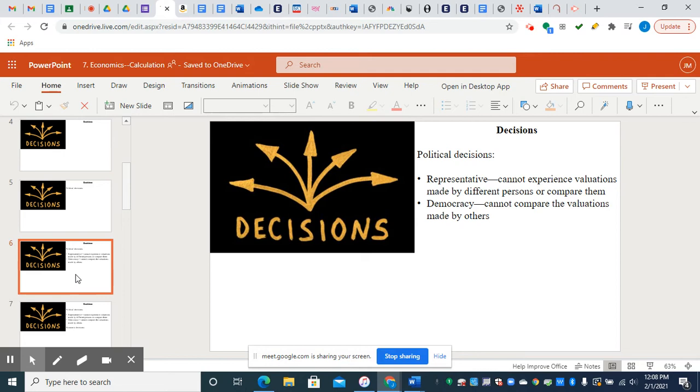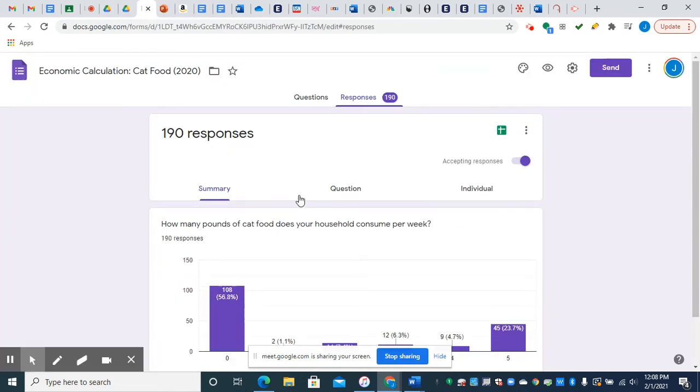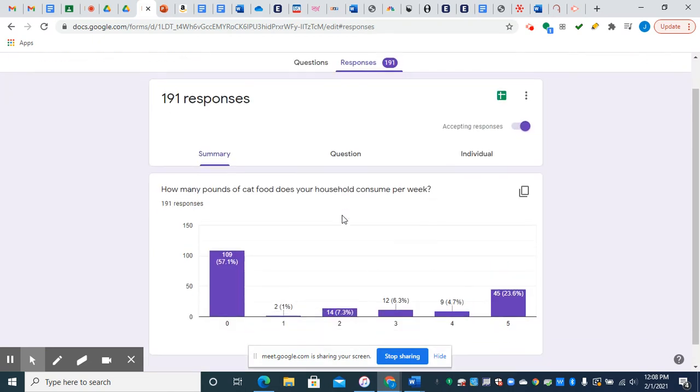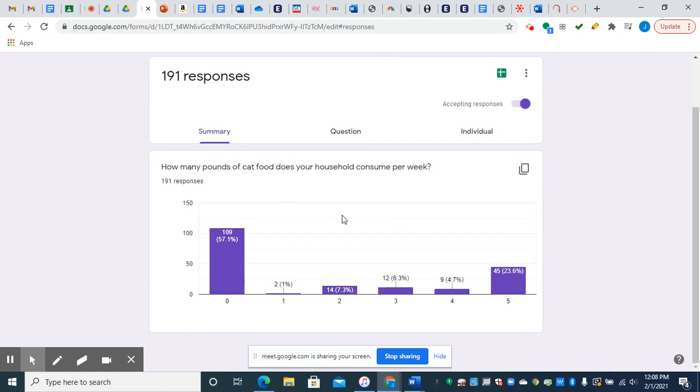Okay, so for example, I showed you guys the cat food survey. Some of you may have cats, some of you may not. But if someone was, let's say in Palmdale, trying to centrally plan the economy and goods and services and trying to figure out what is the right amount of goods and services for each of its purposes, and they're trying to help and get people all the right amounts of what they need.